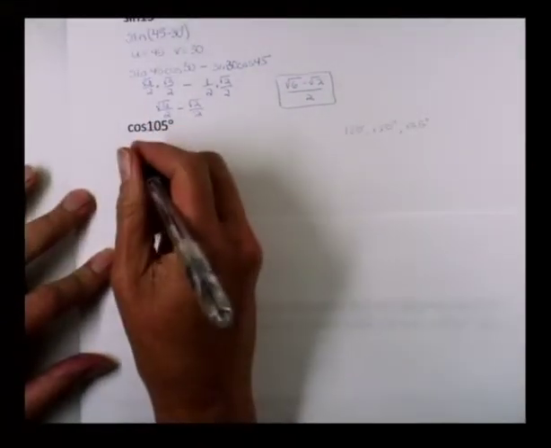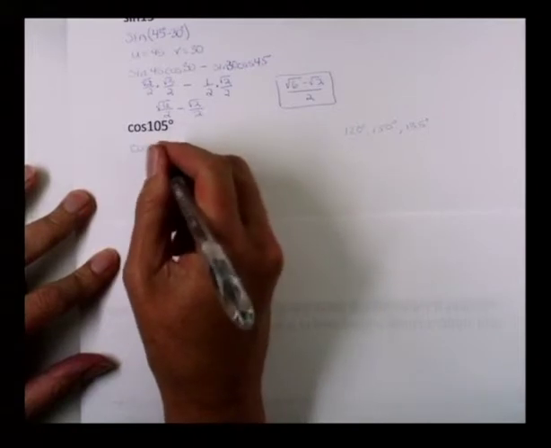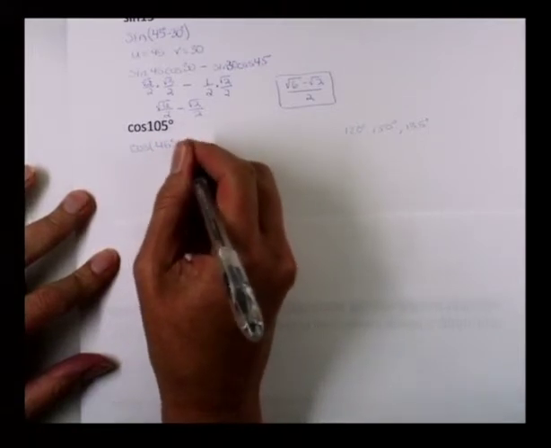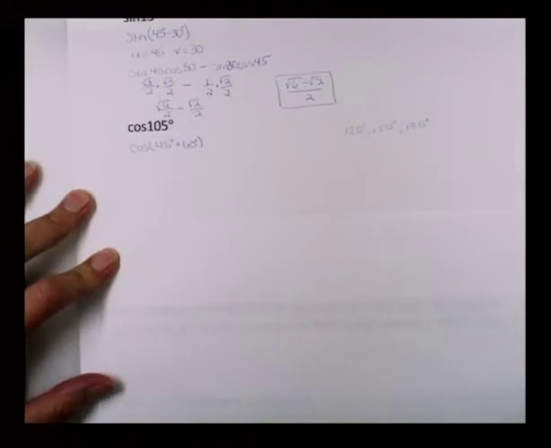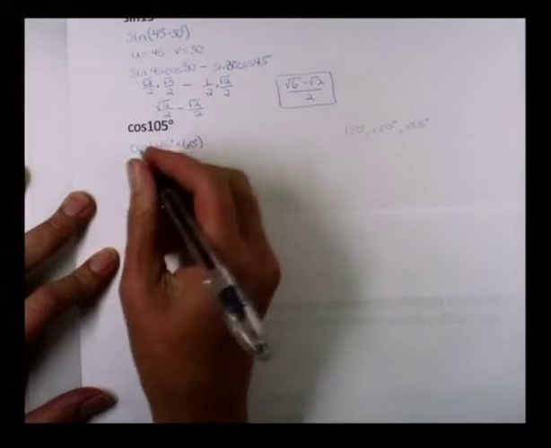These tend to be small enough that we can get them with the quadrant 1 angles. So I'm going to use the cosine of 45 degrees plus 60 degrees. I also could have used 135 minus 30 if I wanted to try something different. So I'm going to use this one.